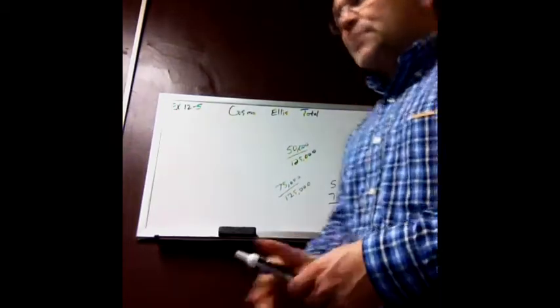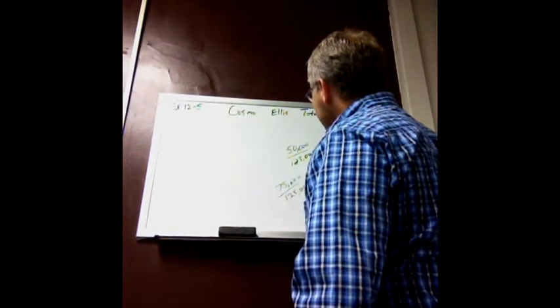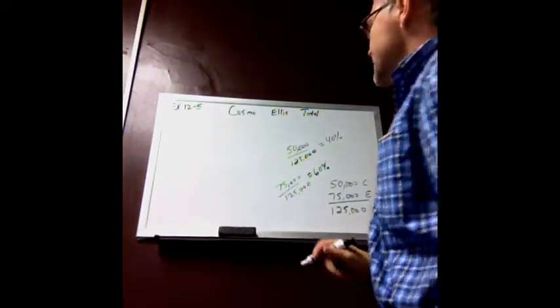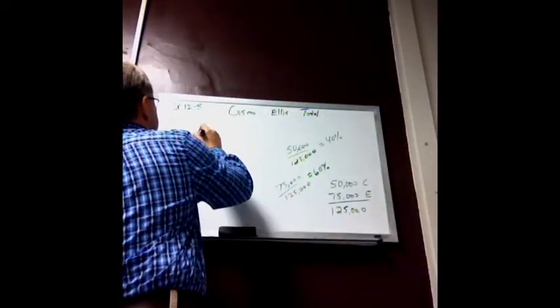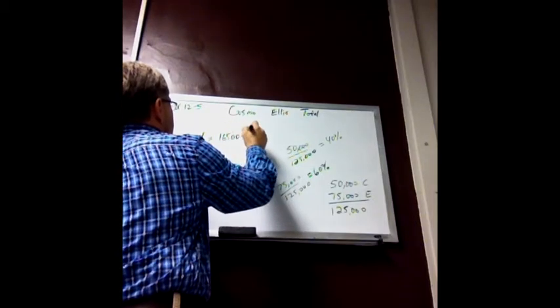So if we run those numbers, and I'll do that really quickly here. Open up my spreadsheet. 50 divided by 125. So 40% will go to Cosmos, which means 60% will go to Ellis. So what is 40%? Well, 40% times 165,000.